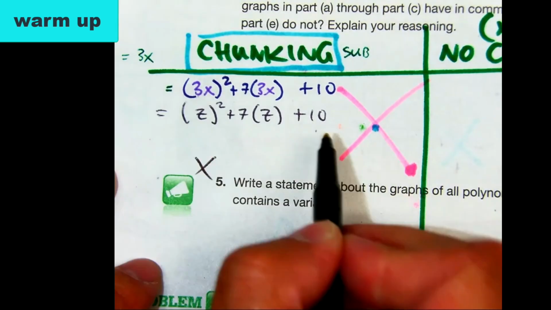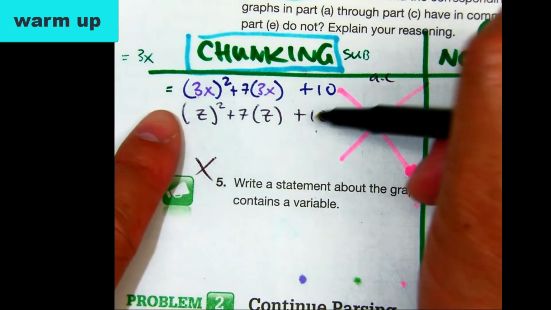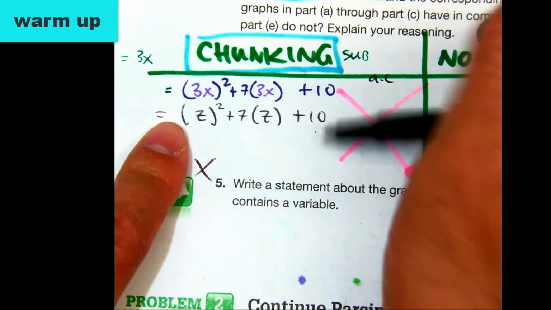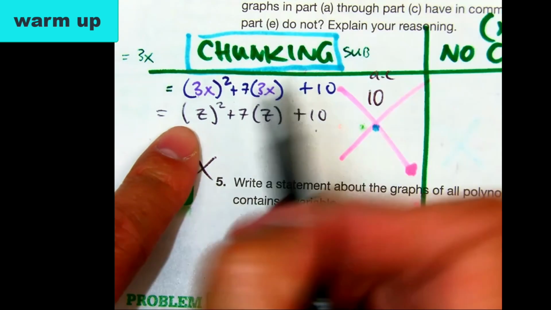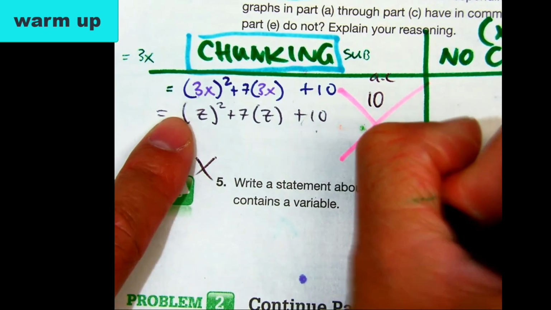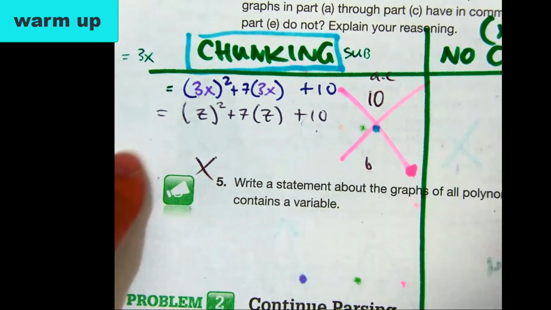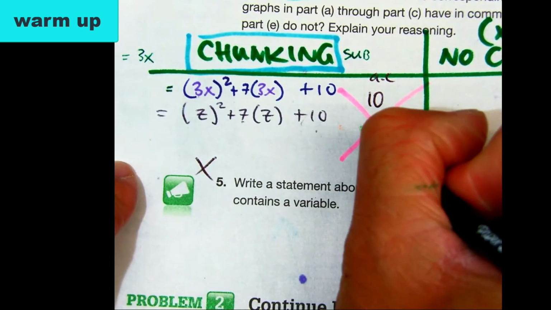Class, A times C? Pretend the parentheses aren't there. That would just be 10, right? A value is 1, C value is 10. What's your B value? 7. So again, if you're getting confused with the variable z, just think it's an x.